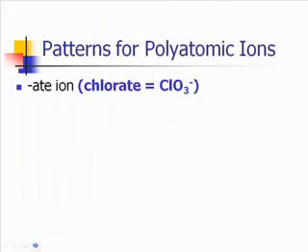Okay, now you'll notice there are some patterns, and I'm just going to go through this quickly, because we'll come back to this, especially when we start looking at naming acids. For each of these polyatomic ions that have an element and oxygen in them, these are called oxyanions, and they have a pattern to the way that they're named. You'll have one of them that has an ATE ending.